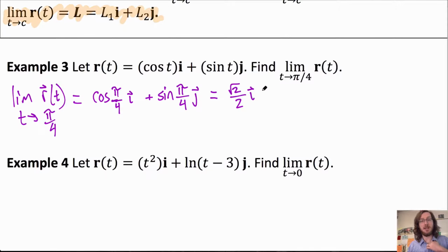Sine of pi over 4 is the same. So we get our limit to be the vector root 2 over 2 i plus root 2 over 2 j. Notice that in our definition for a limit of a vector function, we get a vector out.